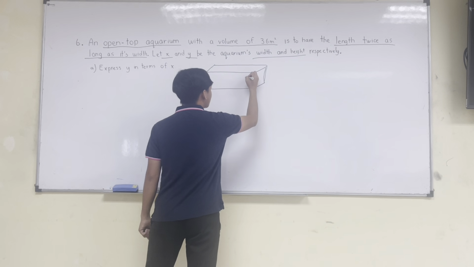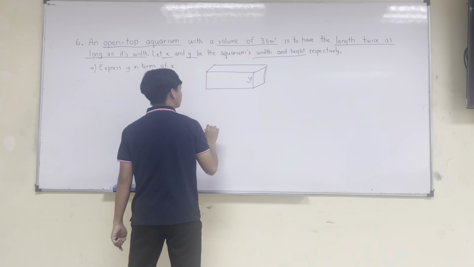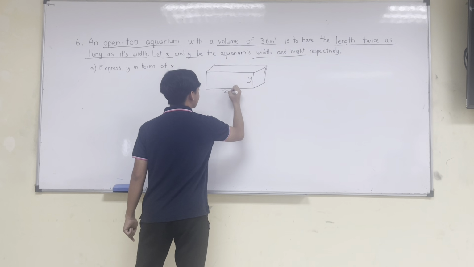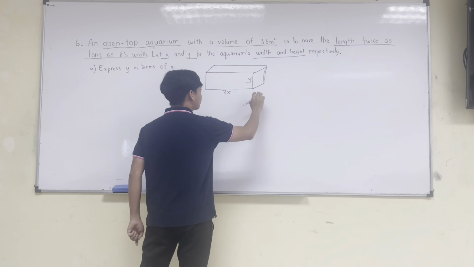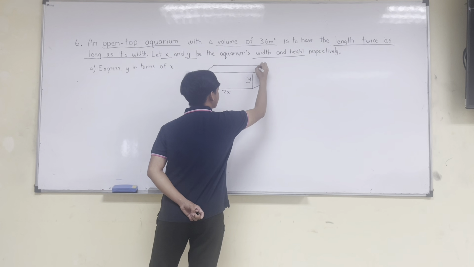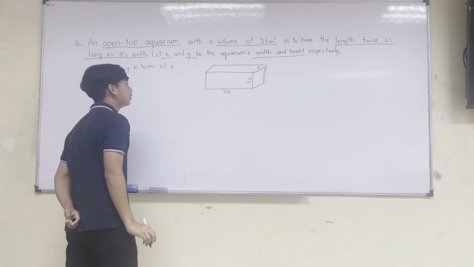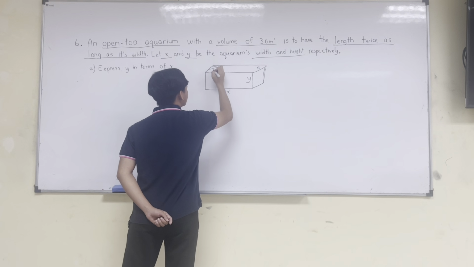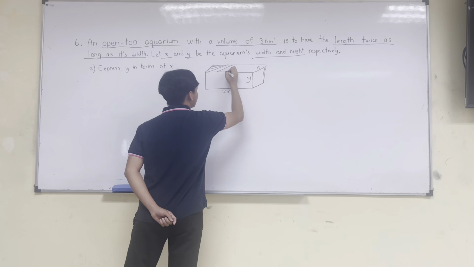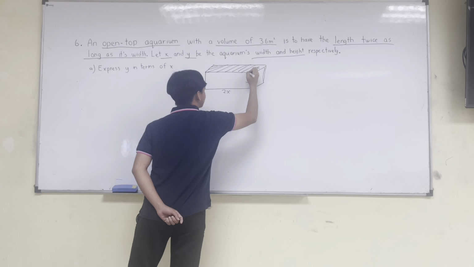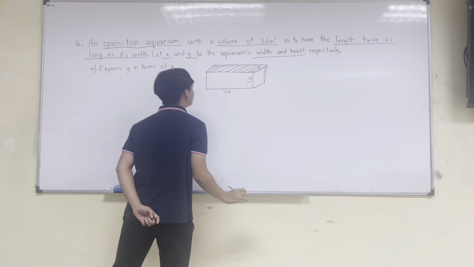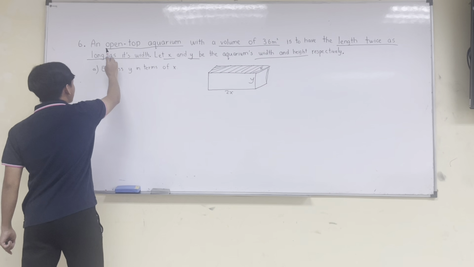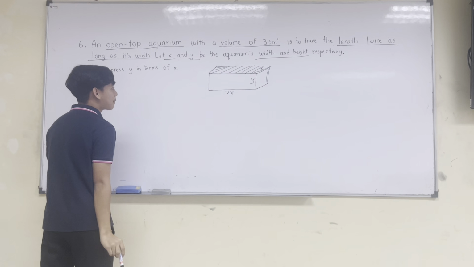The height is y, the length is 2x, and the width is x. But don't forget, the top is not included in this calculation, because the question says open top aquarium.